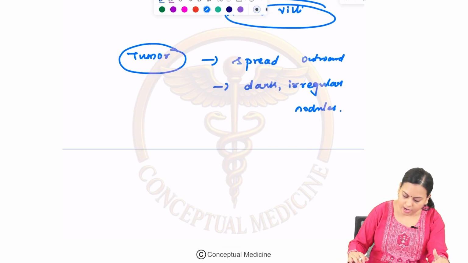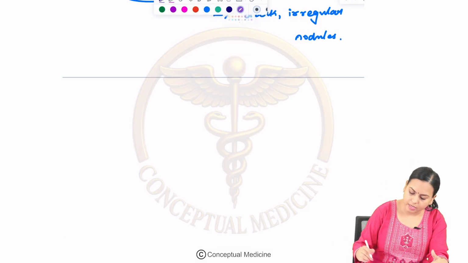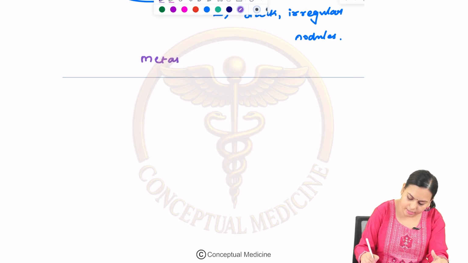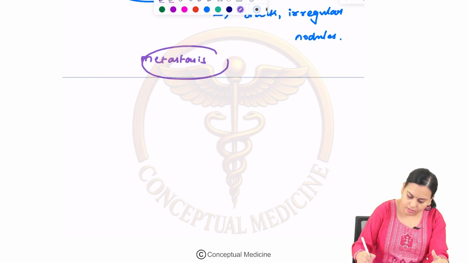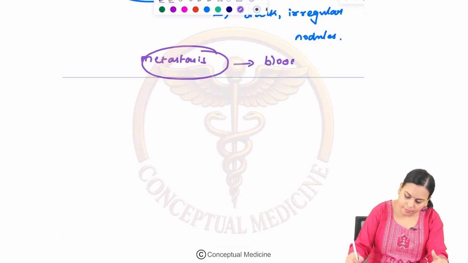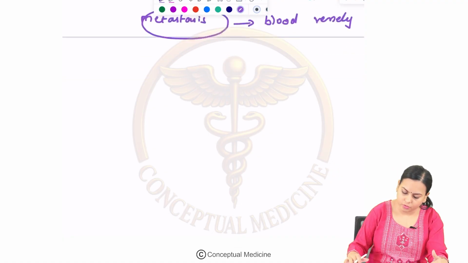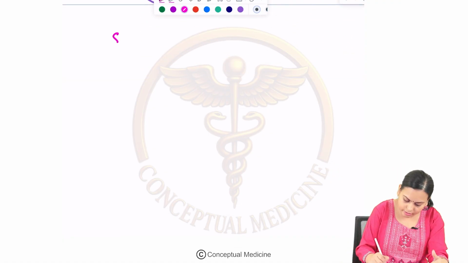And in gestational choriocarcinoma, yes, metastasis can happen. So, metastasis will be going through the blood vessels and they will develop early also. So, let us discuss what are the sites of metastasis now.